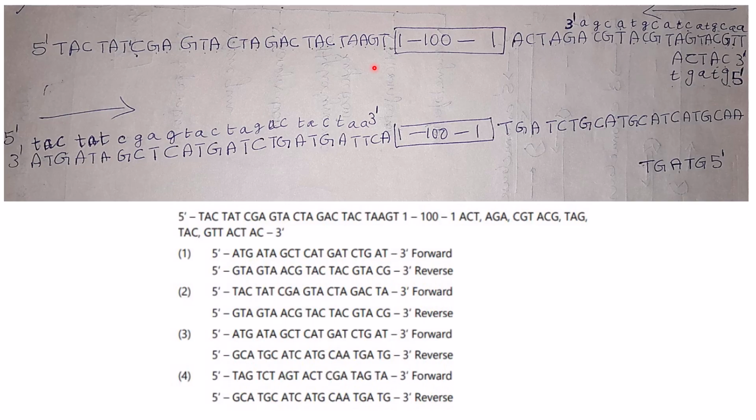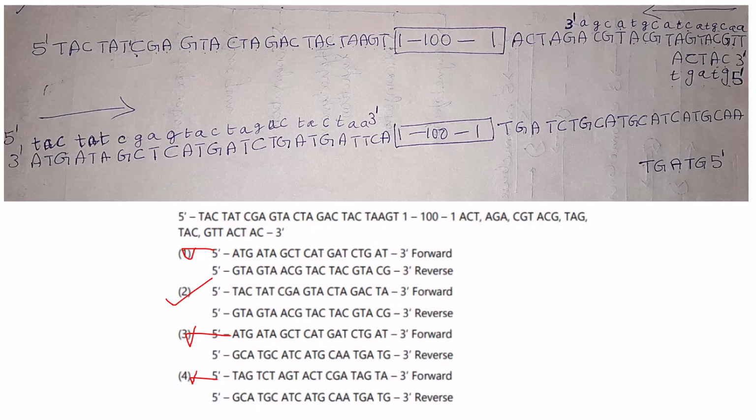So that itself will give you the forward primer sequence. TAC you can see in option 2 is there, so that will be the answer. They have not given TAC in any of the other sequences as the forward primer. So the first one is gone. The third one is ATG, so that is also gone, and the fourth one is TAG, so that is also gone. So the answer will be the second.